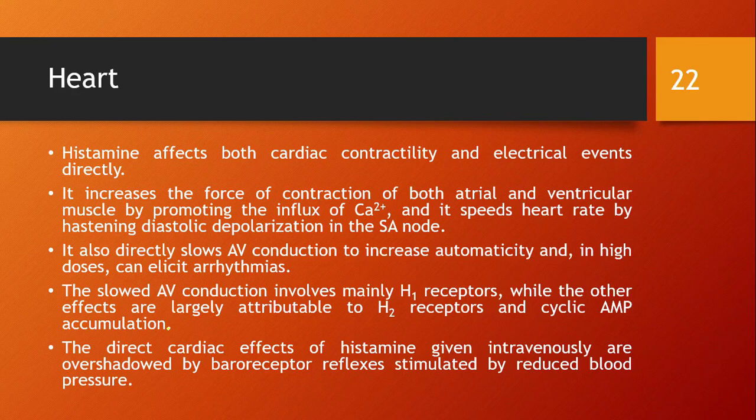Hastening means moving forward at a fast pace. So it does not give the SA node time to repolarize completely, keeping the SA node continuously in the depolarized state because of the influx of calcium.